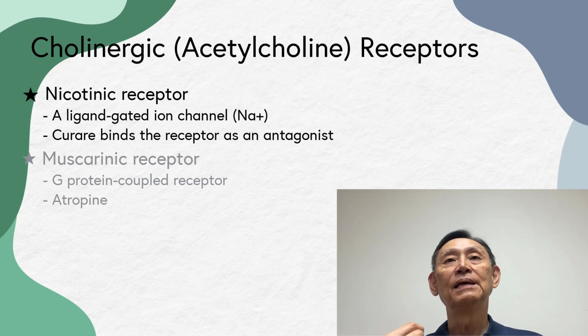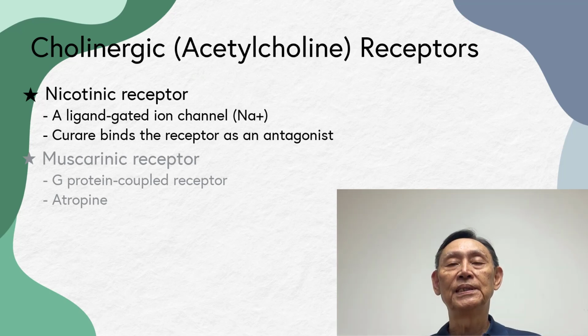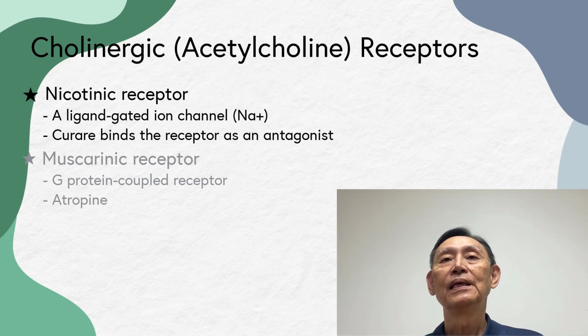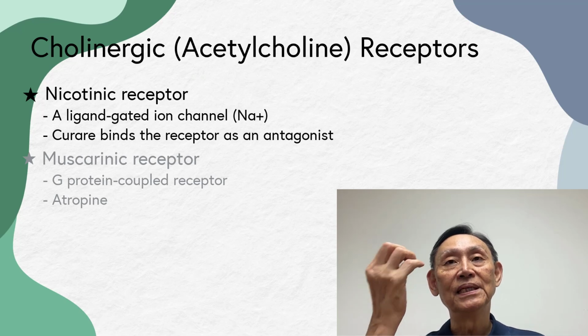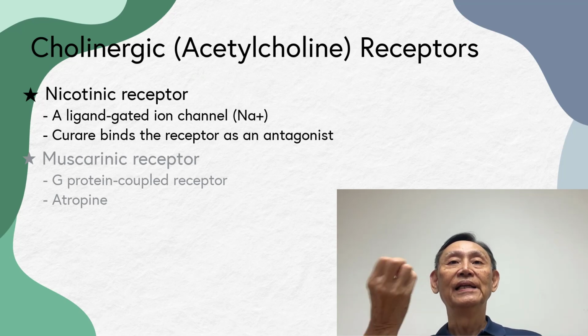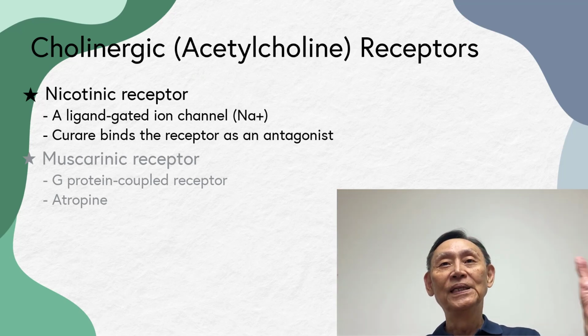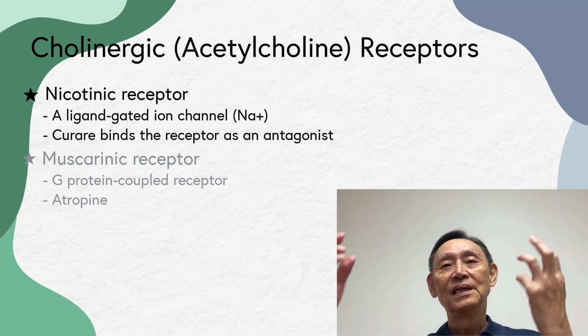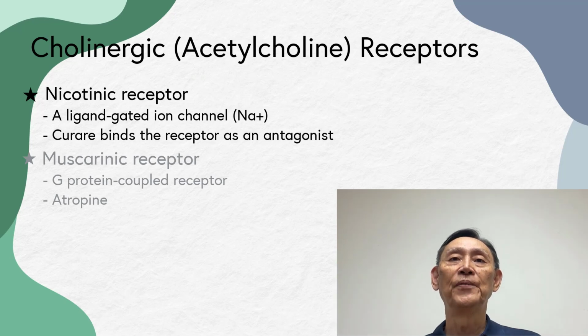This nicotinic receptor is at the neuromuscular junction, and at most postganglionic neurons on the preganglionic side. The nicotinic receptor itself is actually an ion channel, a sodium ion channel. Opening the channel causes sodium influx, so depolarization and action potential.